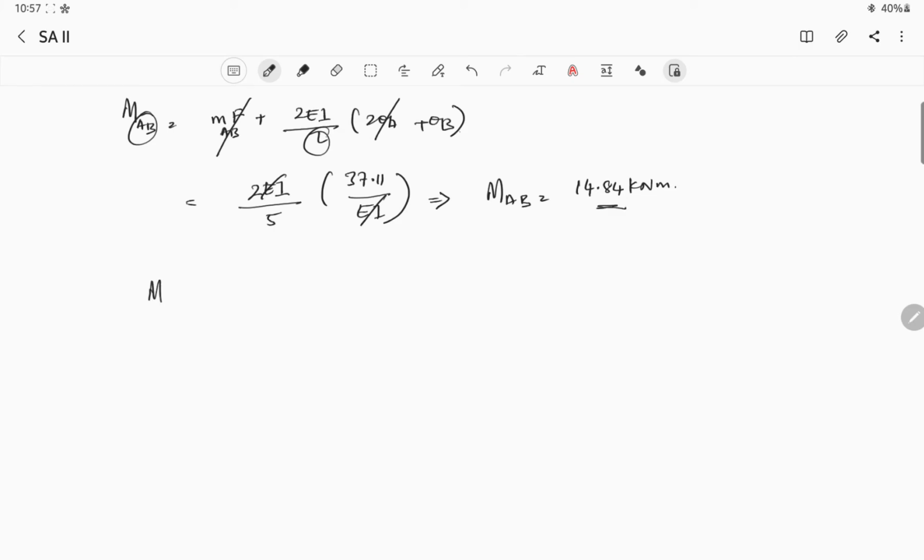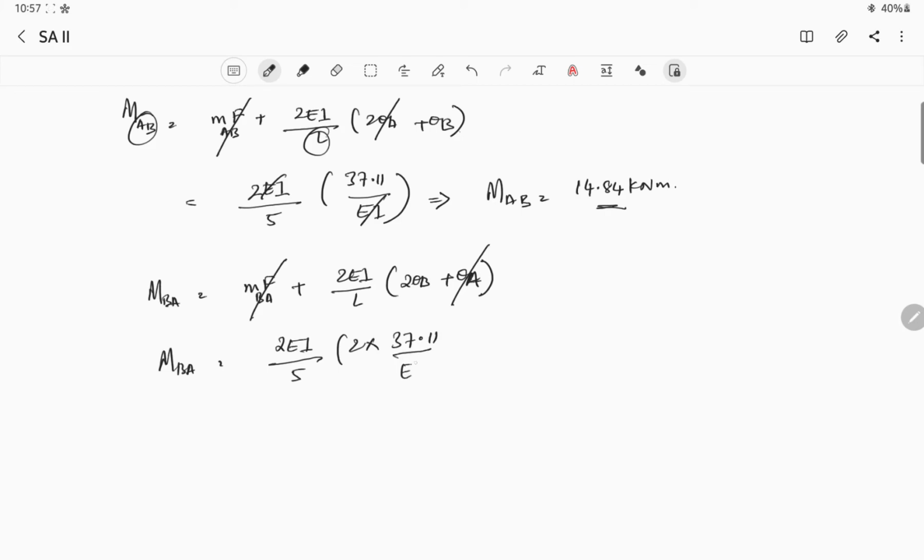Next we have MBA is equal to MFBA plus 2EI by L into 2 theta B plus theta A. So MFBA is also equal to 0. Theta A is also equal to 0. So MBA is equal to 2EI by 5 into 2 into 37.11 by EI.